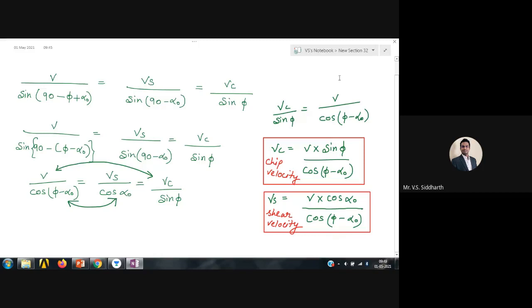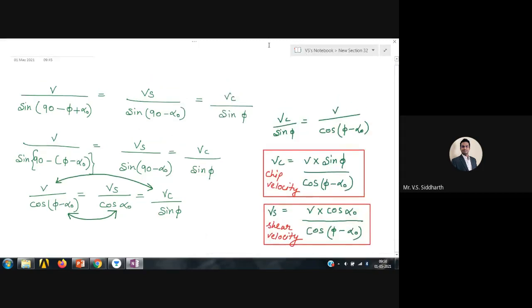Have you noted these two down? Or take a screenshot. No need of noting it down, take the screenshot, and we will solve one simple problem. Have you taken the screenshot?